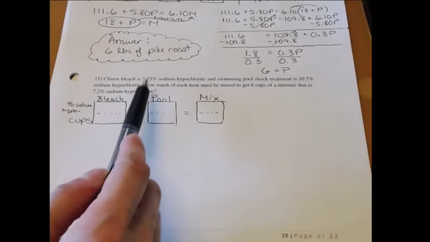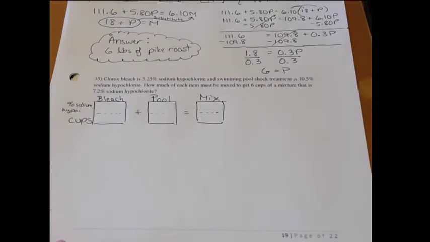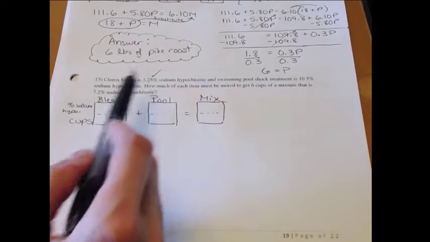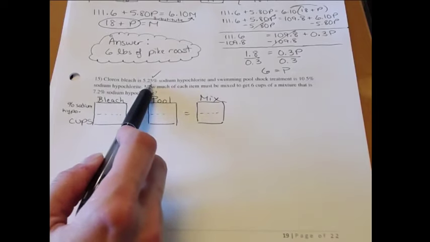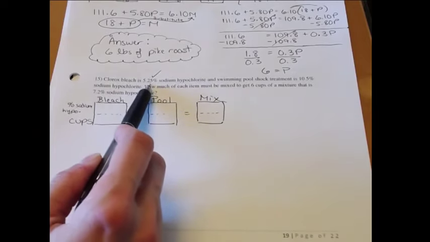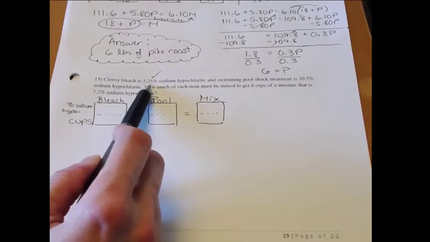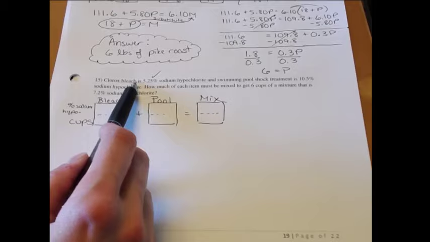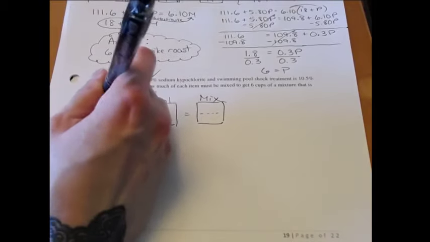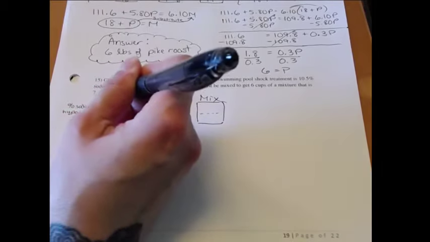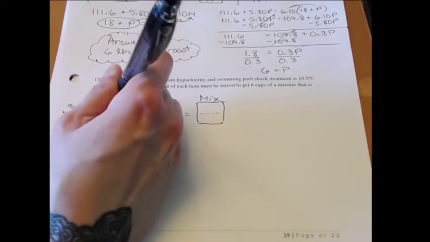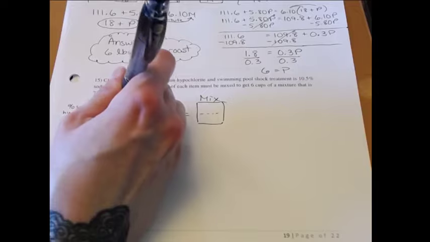Clorox bleach is 5.25% sodium hypochlorite. So remember, this is a percentage, which means when we plug it in, we must convert to a decimal. All you do is take this number and divide it by 100. If you divide it by 100, that essentially means you move the decimal 2 places in. So you should get 0.0525.